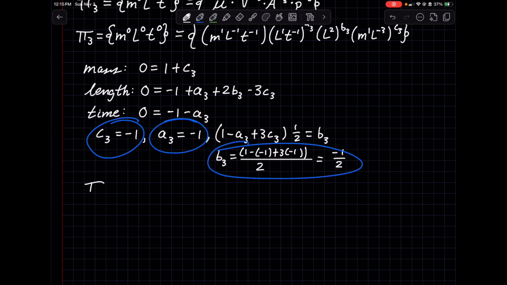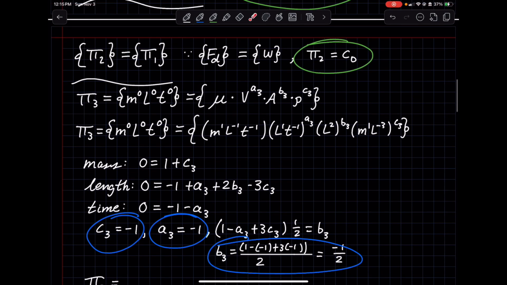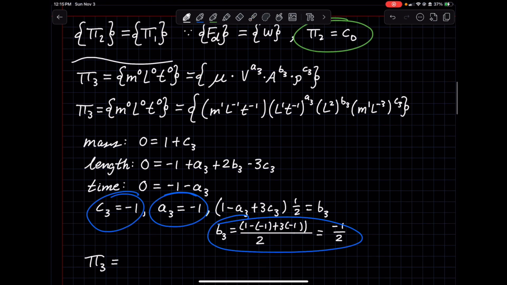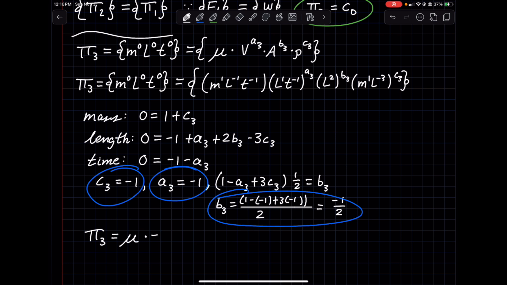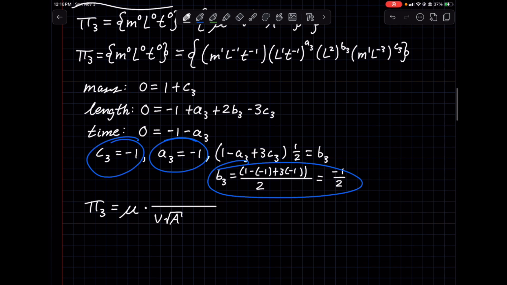So plugging in, we have our pi 3 is equal to, remember using all of this up here, our kinematic viscosity, and our kinematic viscosity is multiplied by our velocity to the A3 term, so it would just be V on the bottom, and then we have our cross-sectional area raised to the B3rd power, so this would be A to the negative 1/2 power, so just put the square root of A at the bottom.